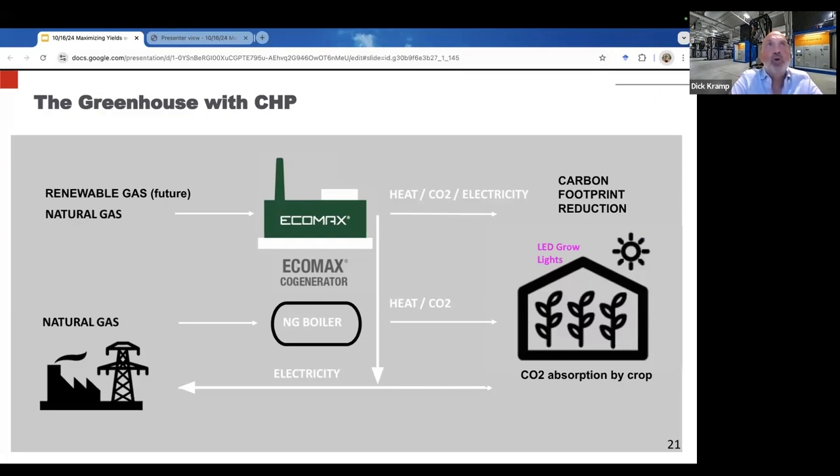There's still a natural gas boiler, because when you want to be highly efficient, the engine follows the heat demand of the greenhouse, to avoid destruction of heat and to reach the highest possible efficiency. So the boiler is also there as an insurance premium. When there is something wrong with the cogen, there's still a boiler to heat the greenhouse during wintertime. Yeah, next slide.